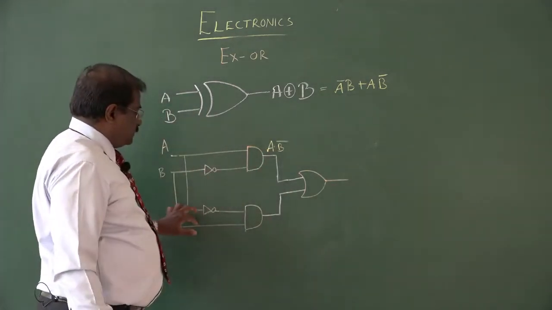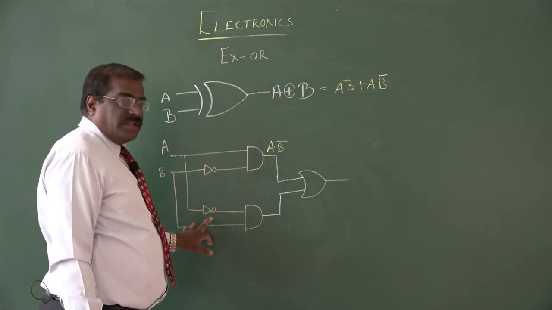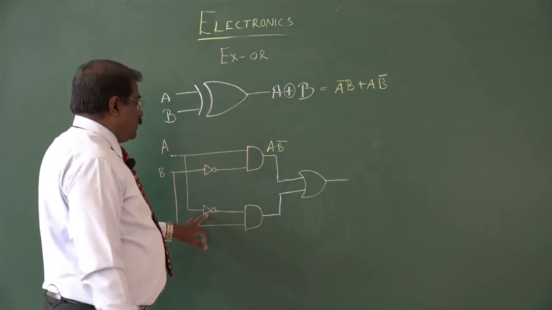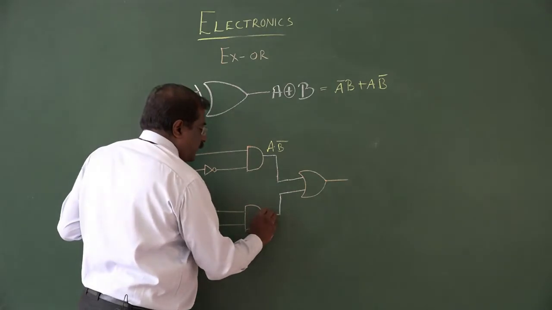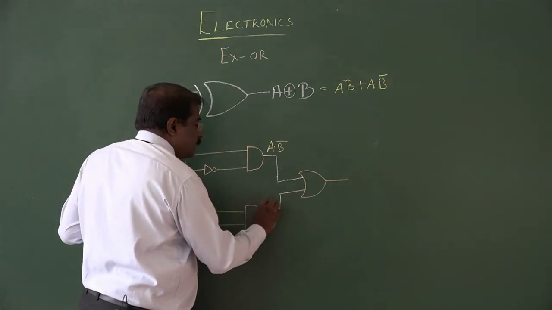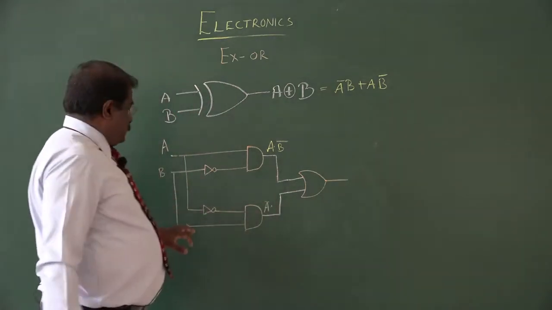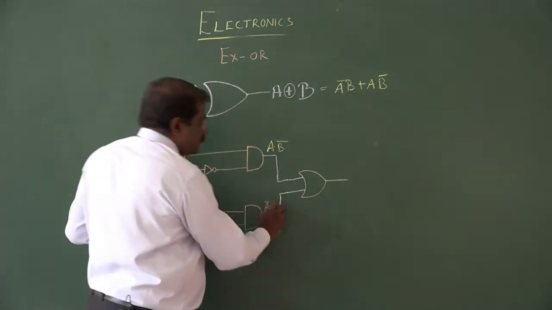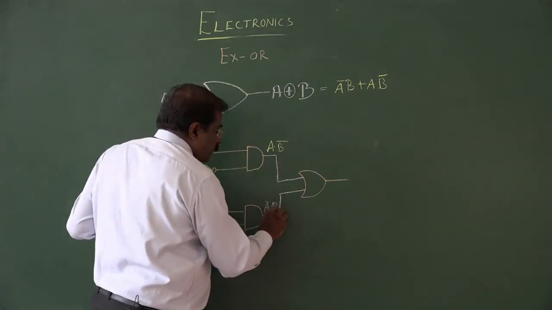Here, A is connected to the NOT gate, giving A bar, and the B is the other input.